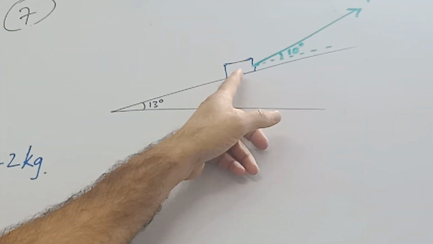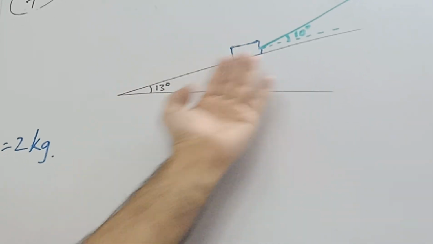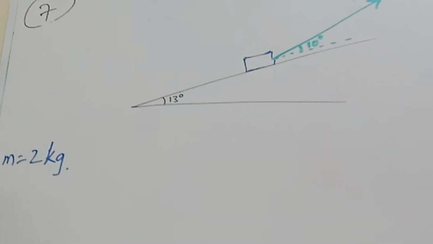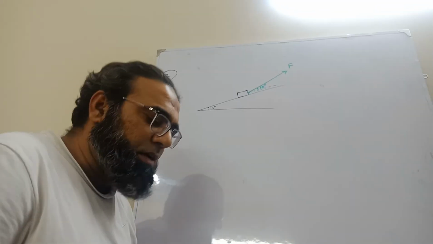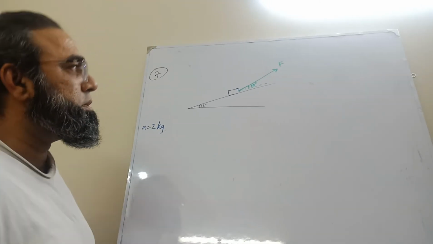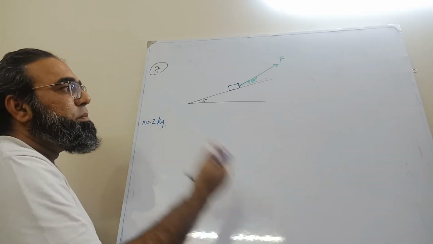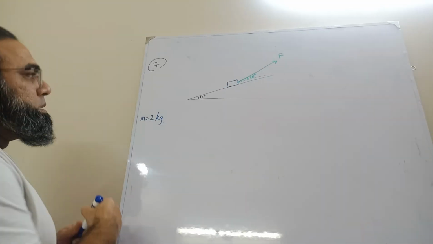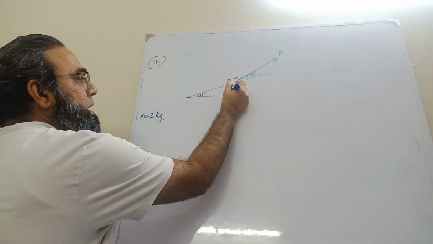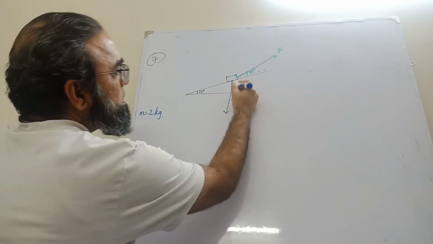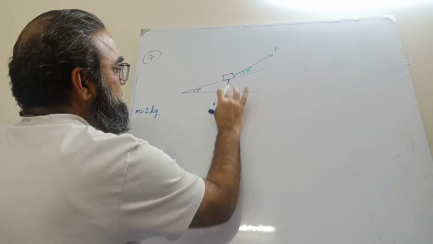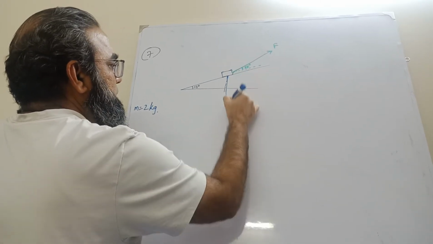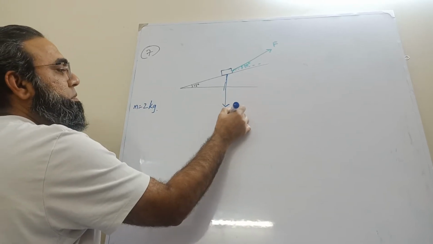Now here he must have told us that this inclined surface is a smooth surface, because he hasn't asked about the frictional component. So we are assuming that this is a smooth surface. So first of all you have to show the weight. This weight is vertically downwards, which is 20 newtons.